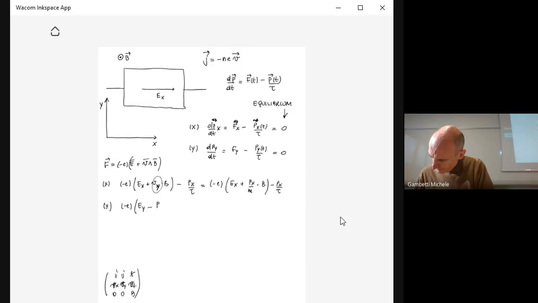Then here I have px divided by m times B minus py divided by tau, and this is expected to be equal to 0. Then I just open the parentheses.